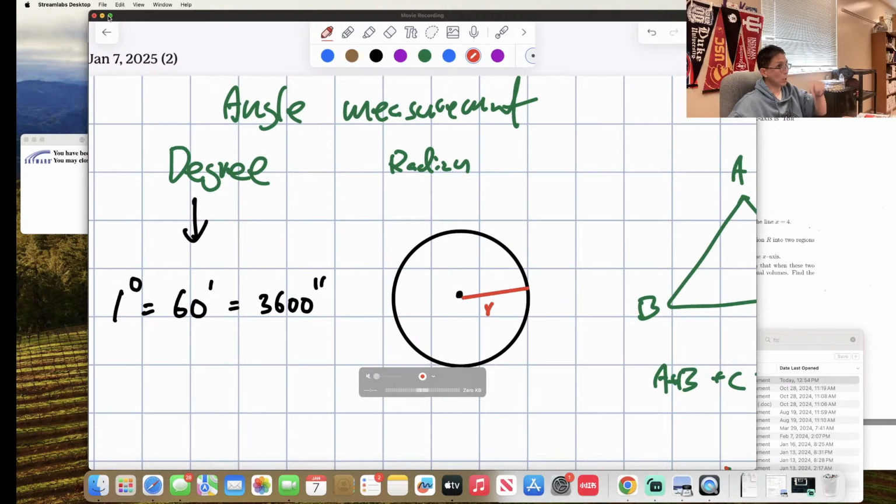Now, what you're going to do is take this point and form the exact same length of the radius. So we're going to use a blue line to represent the same thing. We're going to call this arc length equal to the radius. And that particular opening is called a radian.